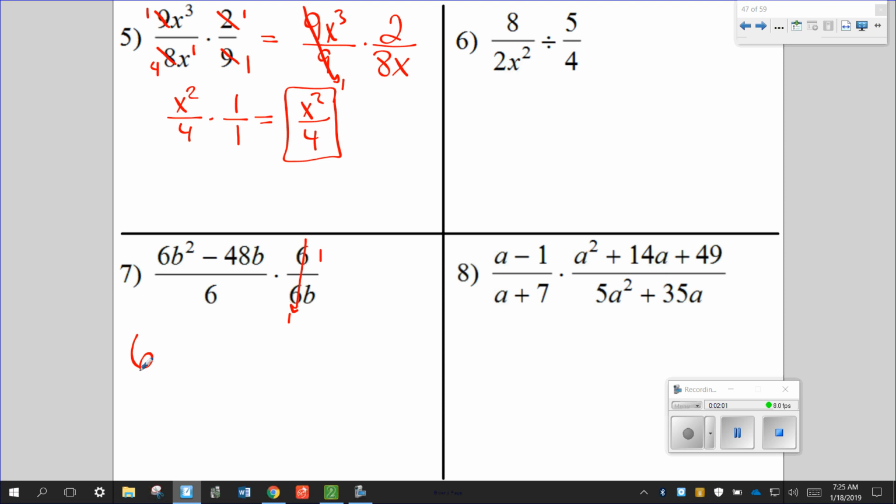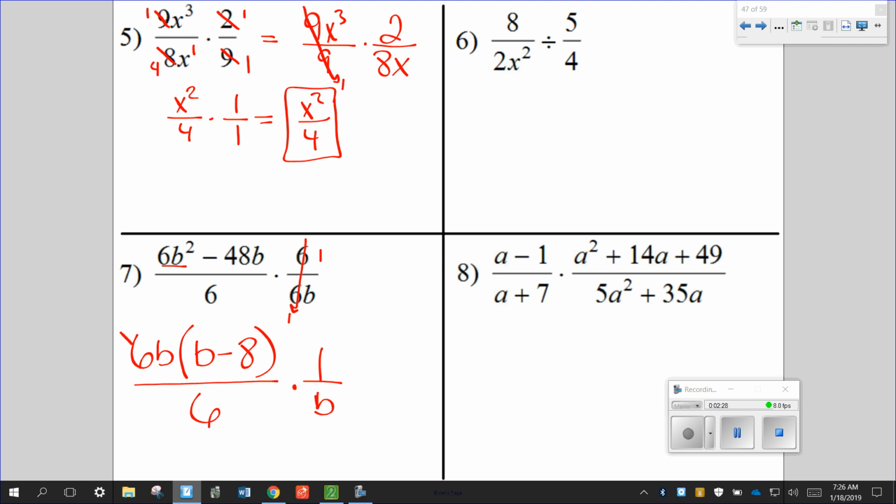They both share a b. So we take out a b, and what we're left with is b, because 6b times b is 6b squared, minus 6 times 8 is 48b, or 6b times 8 is 48b. And then that's over 6 times 1 over b.